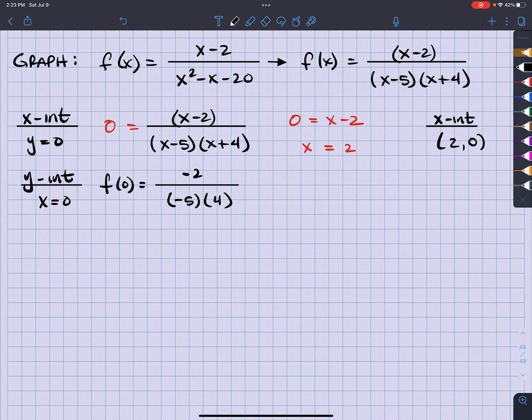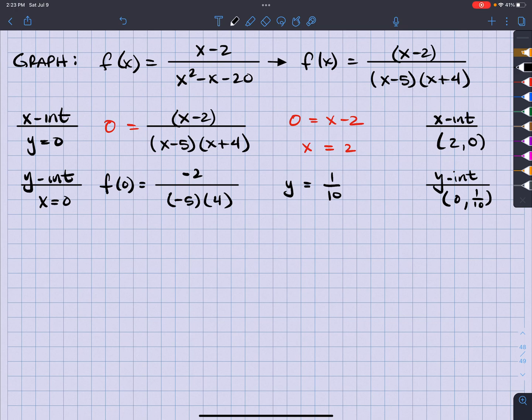So y is going to equal 1/10, because it made negative 2 over negative 20, so 1/10. So my y-intercept is going to be the point 0, 1/10.